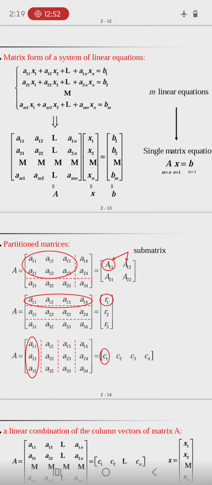The first linear equation is formed by the first row elements. The second linear equation's coefficients are the second row elements, then etc. The last linear equation's variable coefficients are the last row elements, then we write the variables x1, x2, etc., xn equal to the right-hand side values b1, b2, etc., bm. These equations are of the form Ax equals b. This is called the single matrix equation.